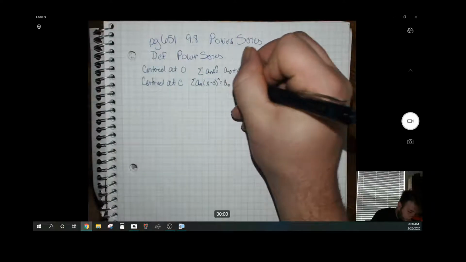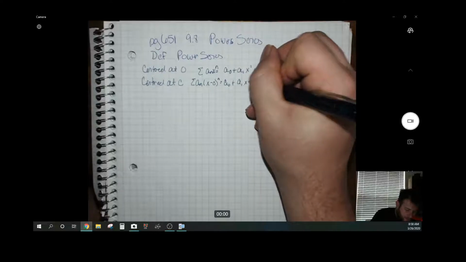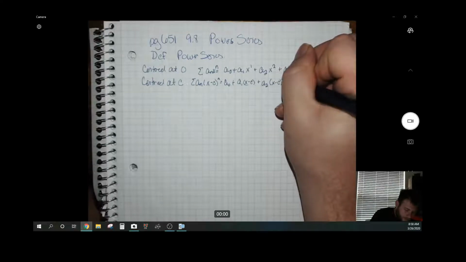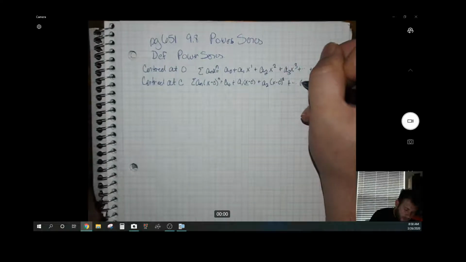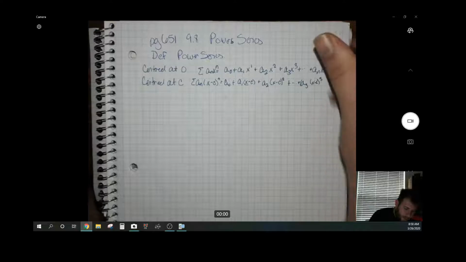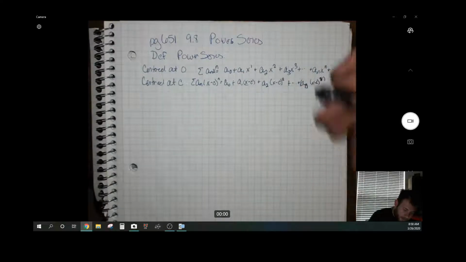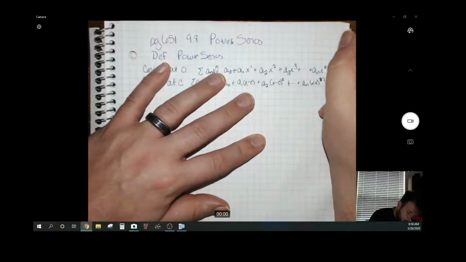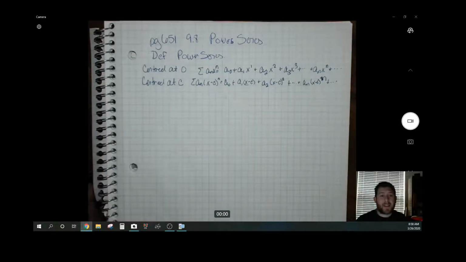So we have the first term plus the next term plus the term after that, so on and so forth, all the way to the nth term. All right, so then that's going to be centered at c. Okay, so that is our definition of a power series for an infinite series.